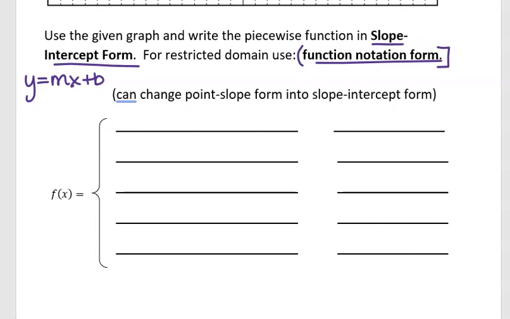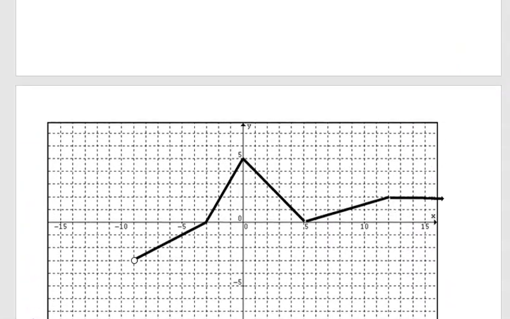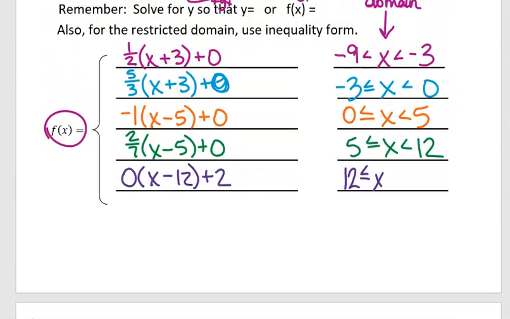So what we need to remember from the previous notes is how to transform from point-slope form to slope-intercept form. And we'll be doing that for each piece of our graph. So let's practice on one of our problems. In fact, let's go ahead and practice on this one.